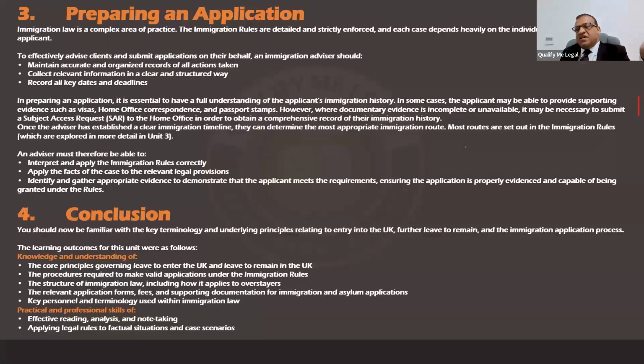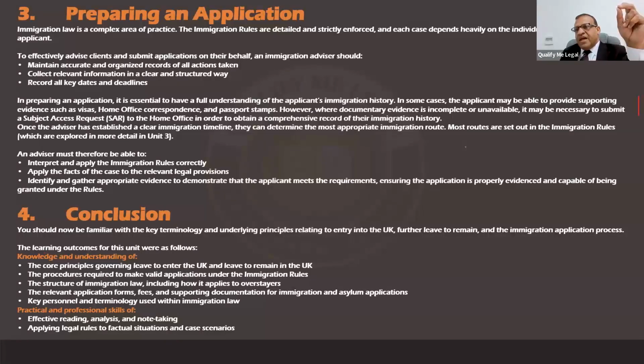Do not put your clients in a miserable situation without a grip of the whole of immigration law. It's very important for you to have in-depth knowledge about the whole system before starting this practice.